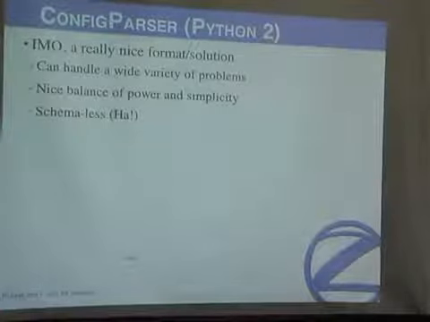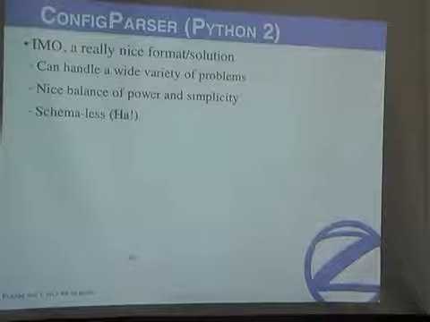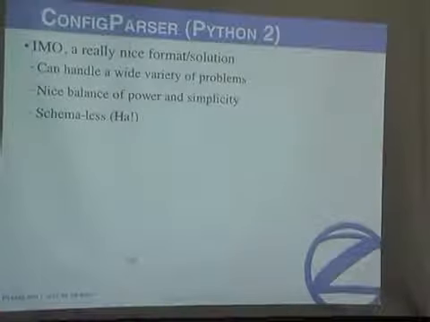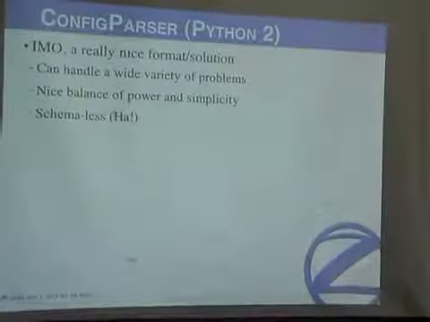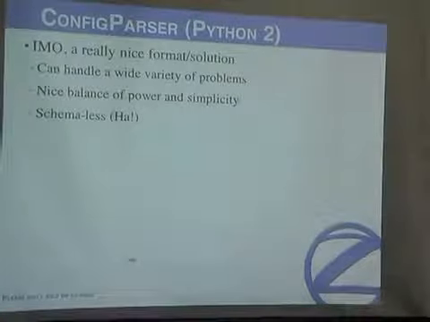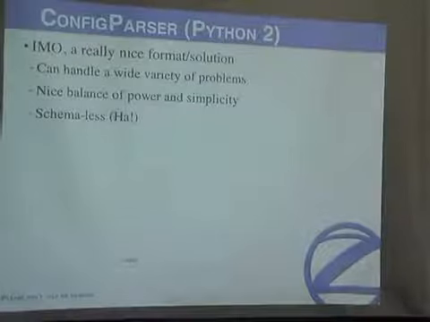Okay, so I'll switch gears now to look at something that's in the standard library. ConfigParser is a library that I get the sense a lot of people love to hate, and yet love, because it's a really simple format and a really simple model, and simple has a lot of appeal.